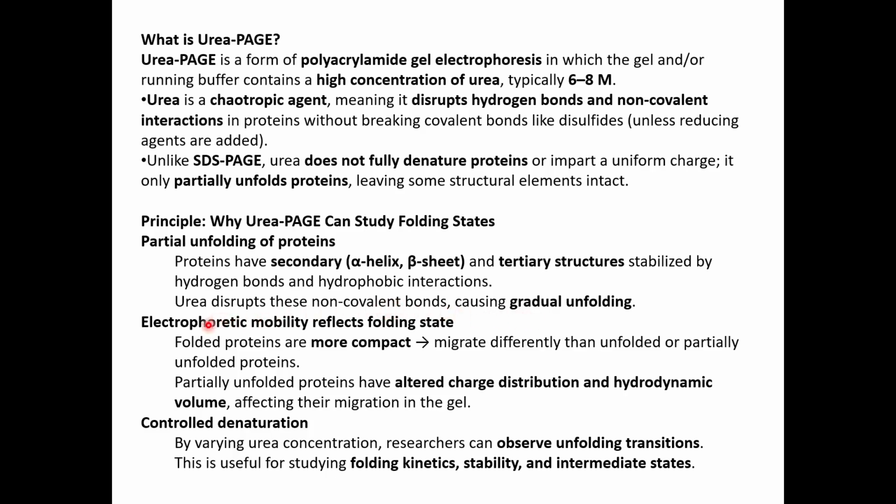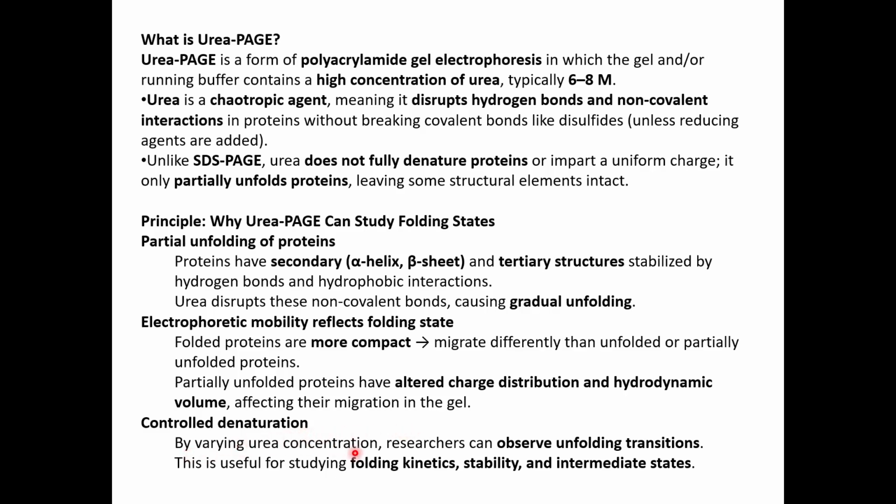Then electrophoretic mobility reflects the folding state. Folded proteins are more compact, so they migrate differently than unfolded or partially folded proteins. Partially unfolded proteins have altered charge distribution and hydrodynamic volume. This affects their migration in the gel.